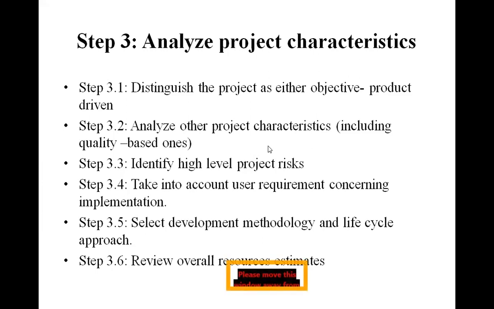Next one, identify high level project risk. Here we look at what the risks are, what could go wrong from an operational or technical point of view, and what we can do to stop it. If the risk occurs, how do we stop it?